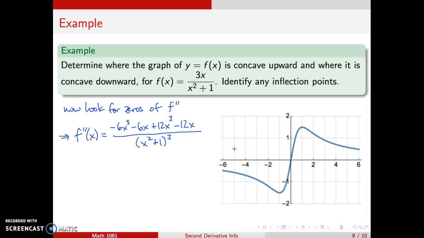Okay, so what am I going to do here? I've got negative 6x cubed plus 12x cubed, so I've got 6x cubed minus 18x, and so that's going to be 6x times x squared minus 3.